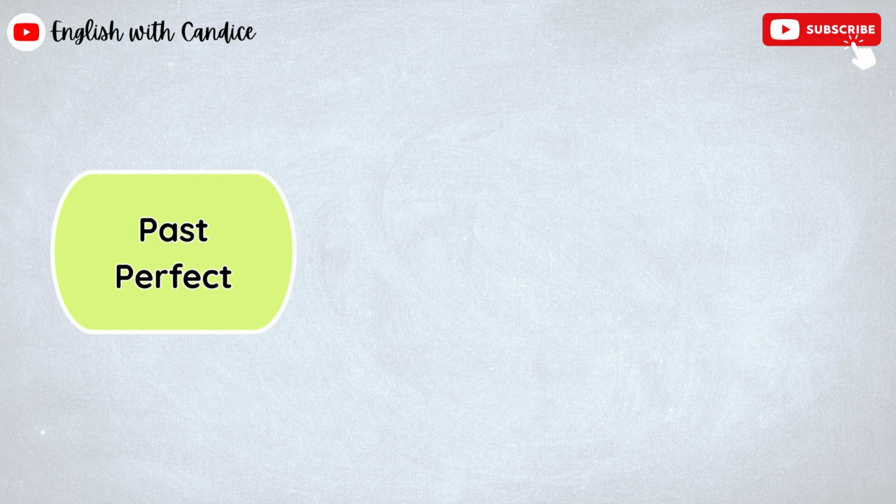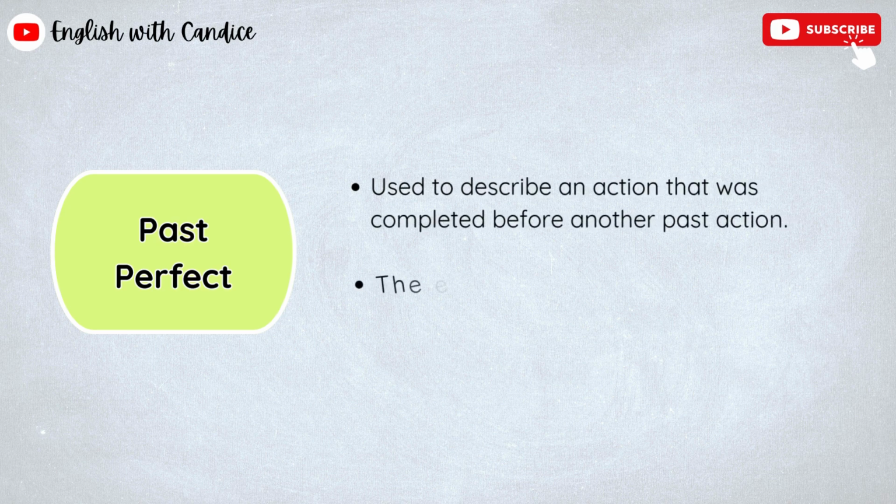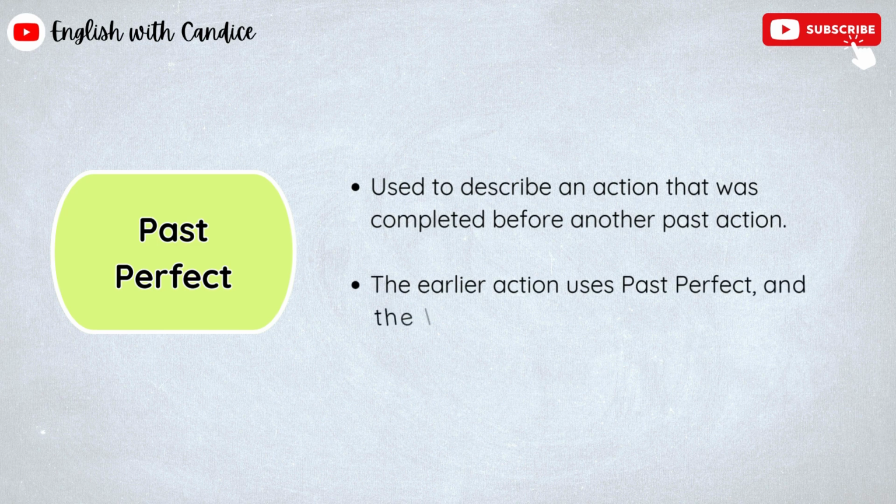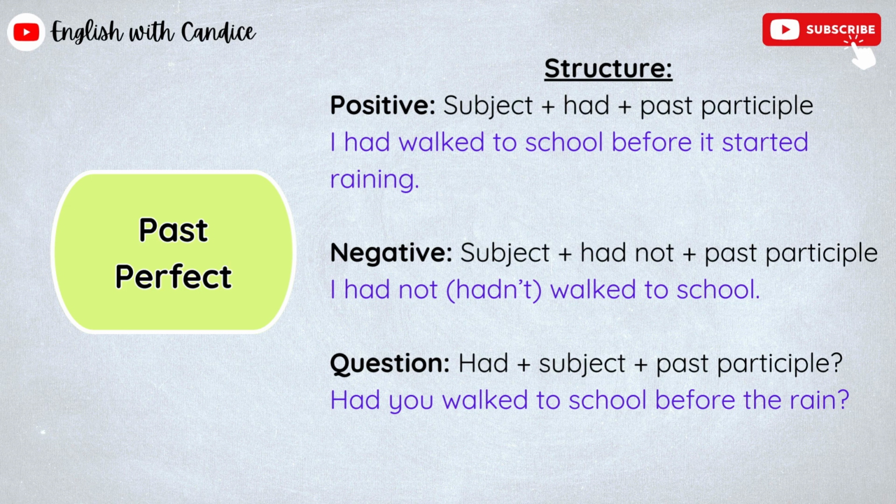Now let's look at the past perfect tense. This tense is used when describing an action that was completed before another action, or another past action, let's say. The structure is as follows. So for positive sentences, we use the subject, had, and the past participle of the verb.